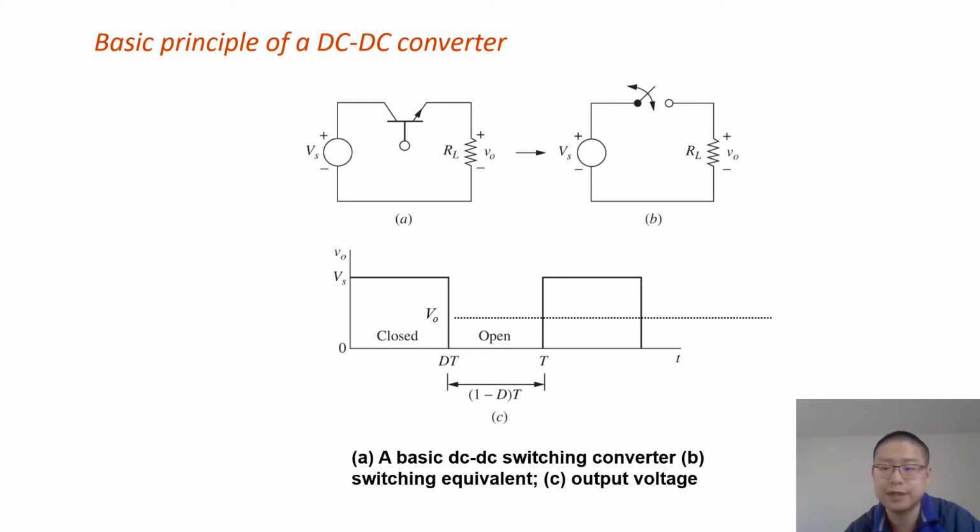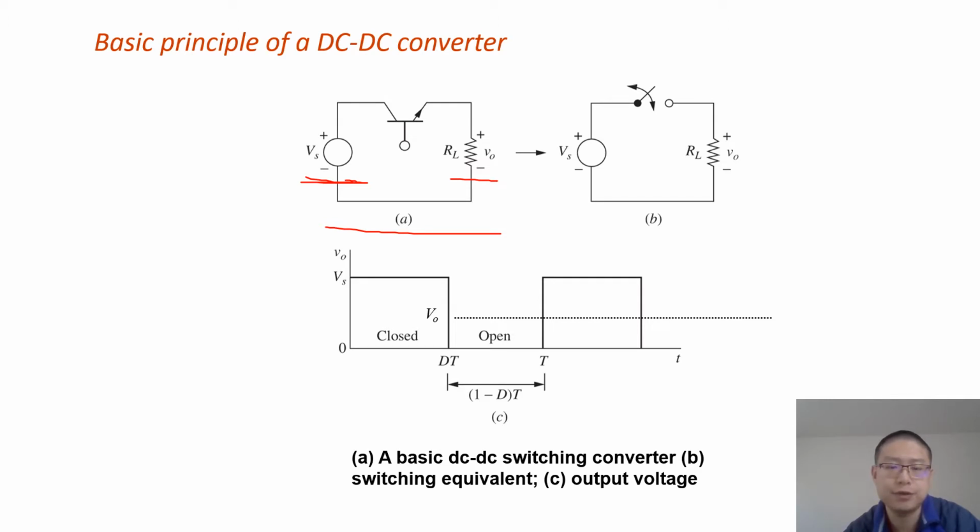First, let's take a look at a very basic DC-DC converter as shown in Figure A. It consists of a voltage source, and the voltage is represented by Vs. The subscript S stands for source, and the load is a resistor RL, and the output voltage is represented by VO.